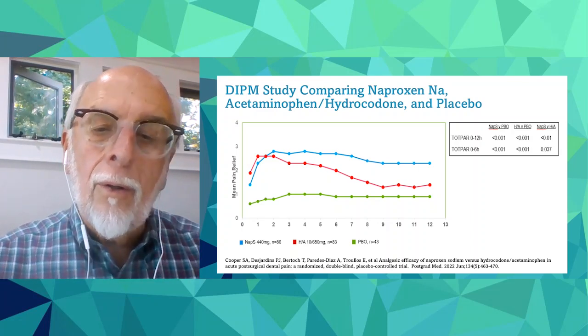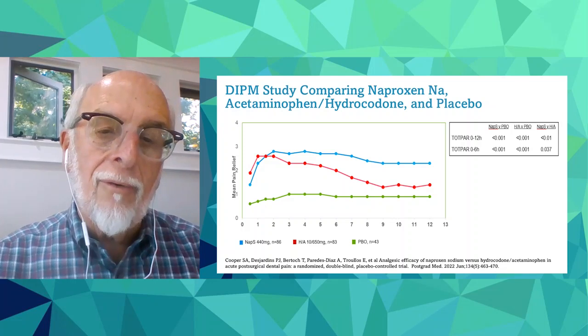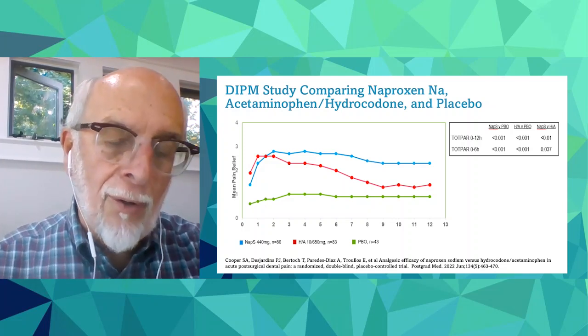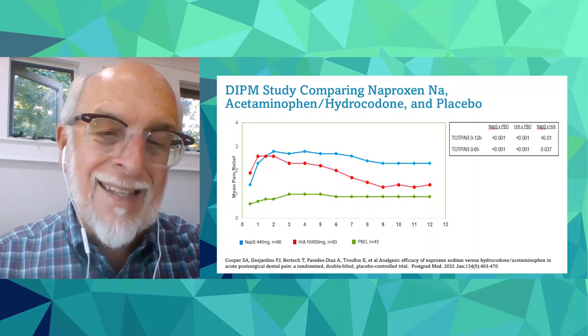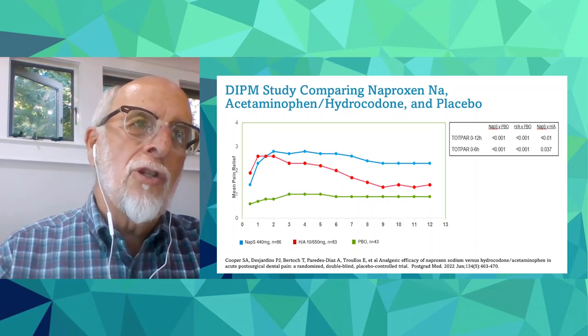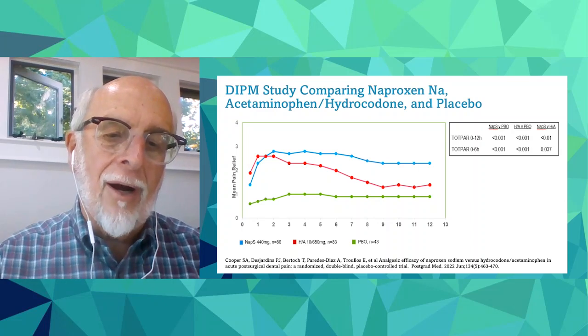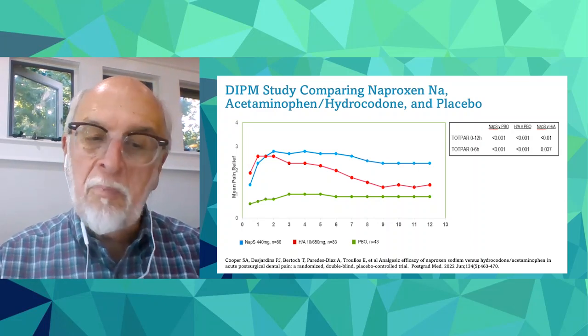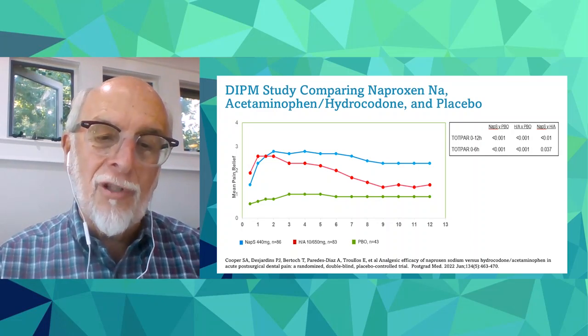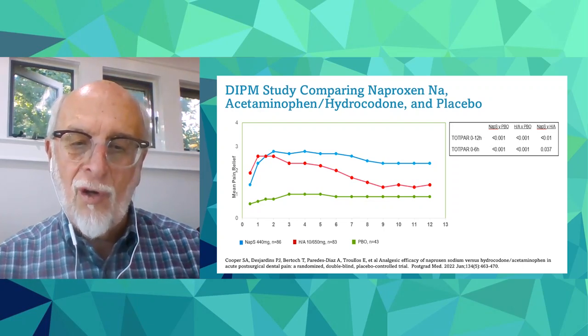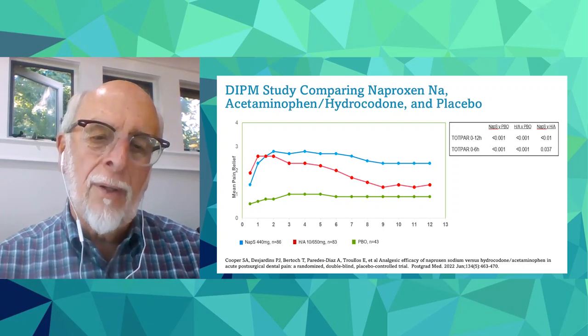Here, you can see the figure in red is the hydrocodone, 10 milligrams, and acetaminophen 650. So the equivalent of 2 Vicodin 5s. So a nice peak effect that happens within the first hour, carries for a couple of hours, and then the drug pretty much wears off by the 6th or 7th hour.